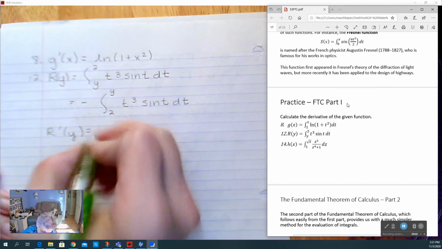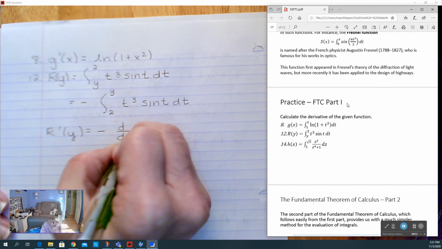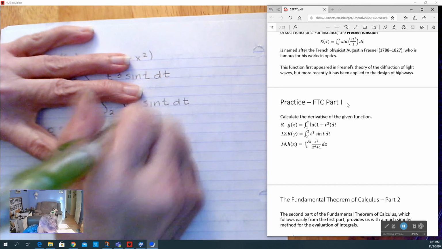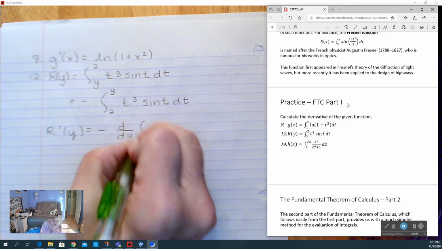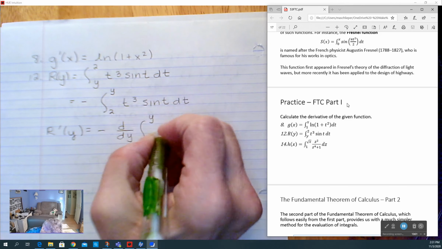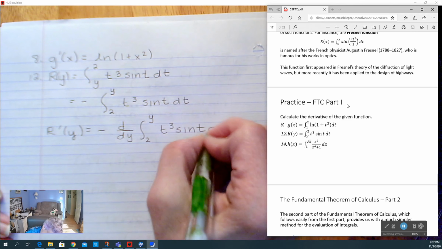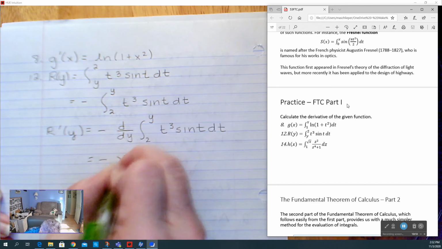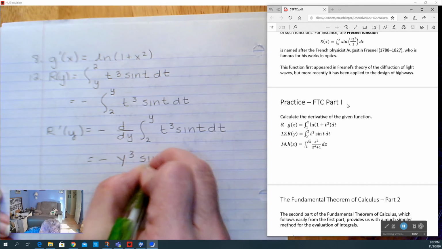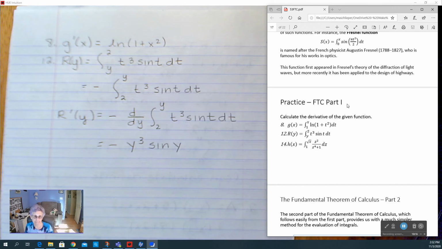So it's equal to the negative of the derivative with respect to y, not x, because we want y's in it, of the integral from 2 to y of t cubed sine of t dt, which is negative y cubed sine of y. Voila.